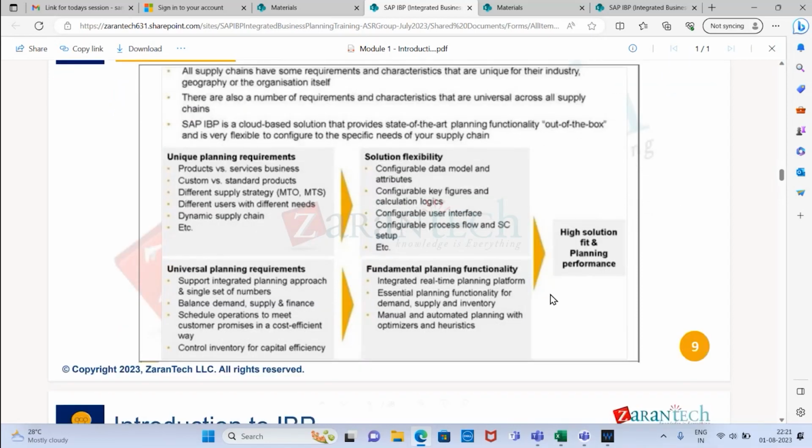So at the end, you get solutions which will fit into your planning system and give you some meaningful output. All these simulations are taken care of by the IBP tool within SAP. And at the end of this process, you get a meaningful output which you can use for your supply planning process, your inventory management, and your financial forecasting process.